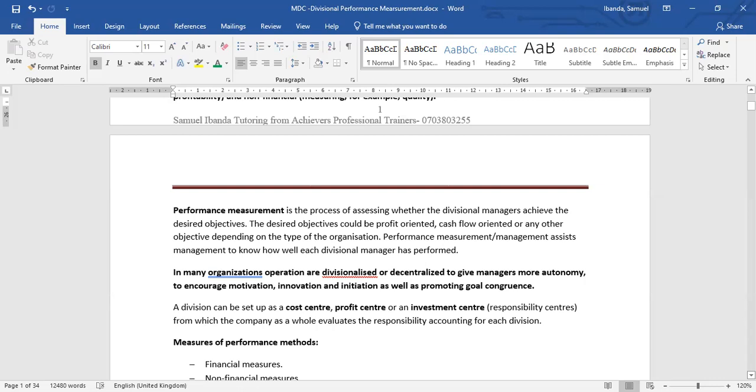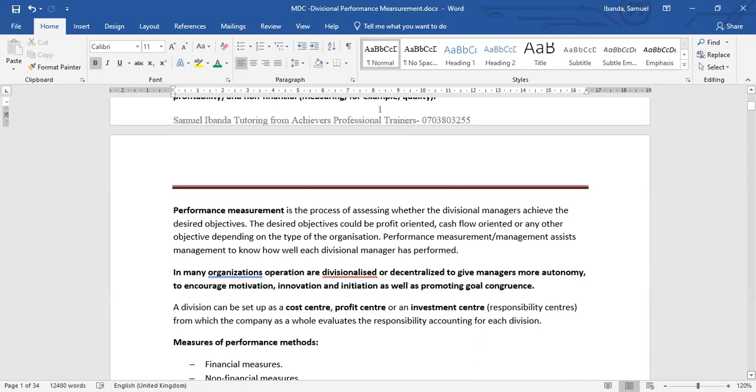And the reason why this happens is because management that is running divisionalized companies wants to offer a higher degree of autonomy, where different branches are able to run the show, just like the way you see banks run, where different branches get their customers and serve them well.